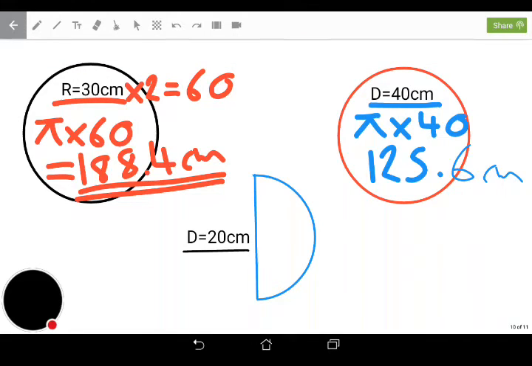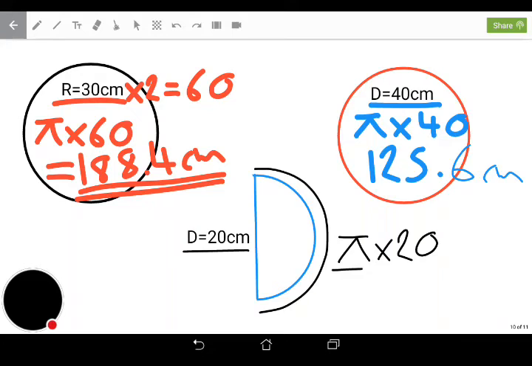However, this is a semicircle, and I'd want to find the entire outside. So I need to find this part first. So I do pi times by 20 divided by 2, and that would give me the part that we just indicated there.